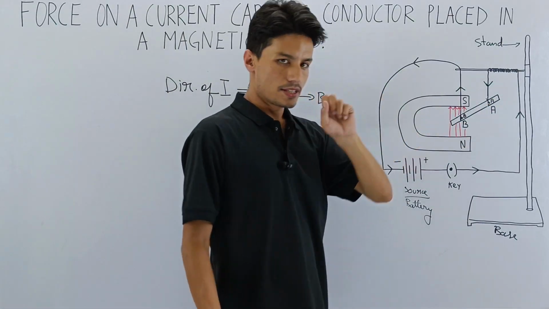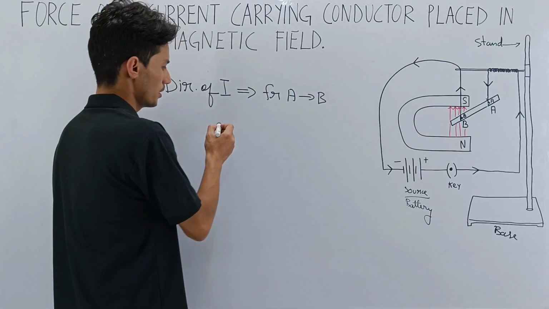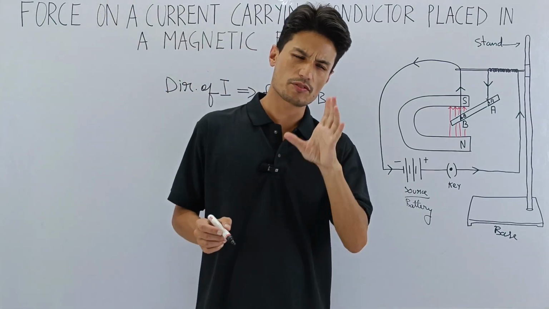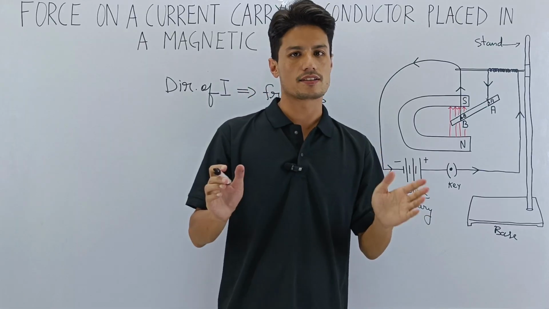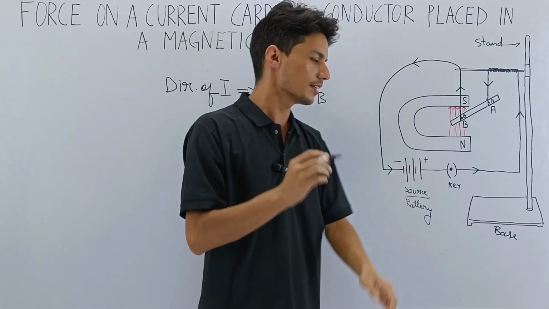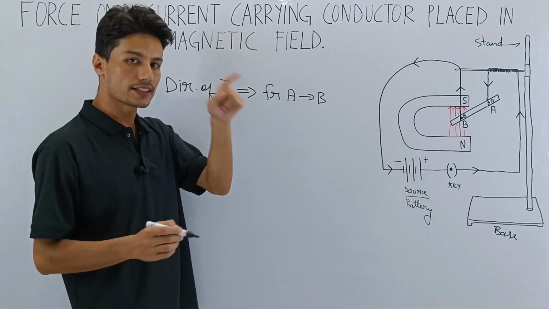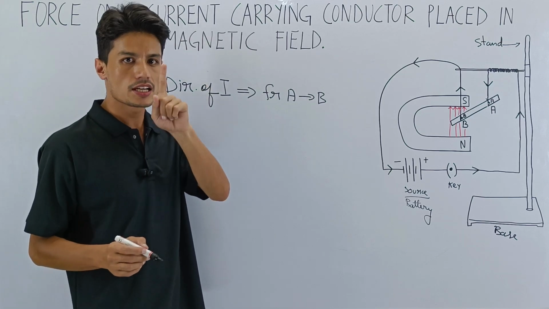Now, remember this, my dear students, we have already studied the solenoid, and I've told you very clearly that the end from where the current enters is always considered the south pole.